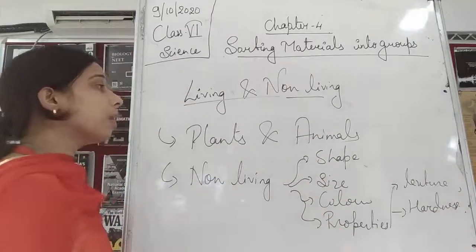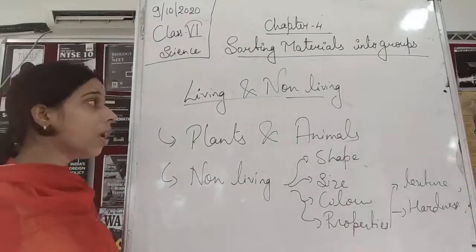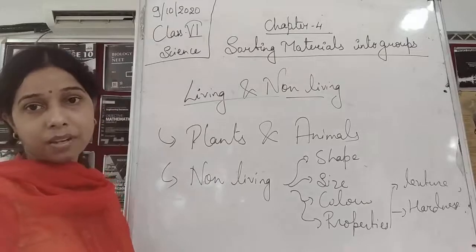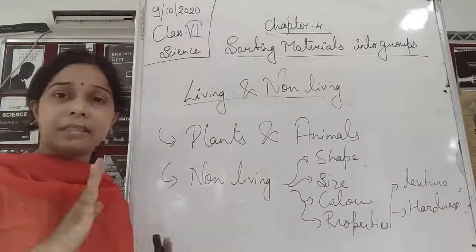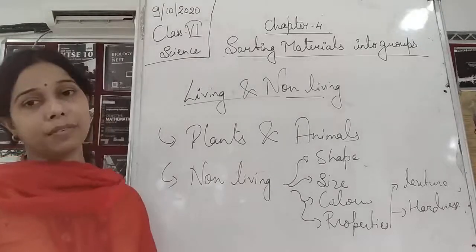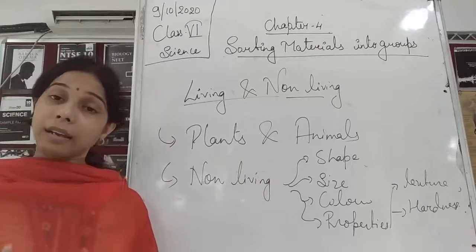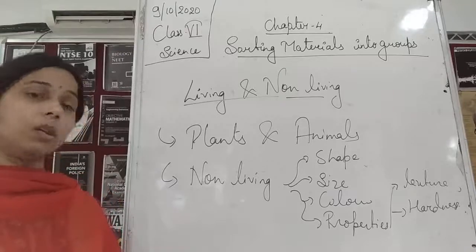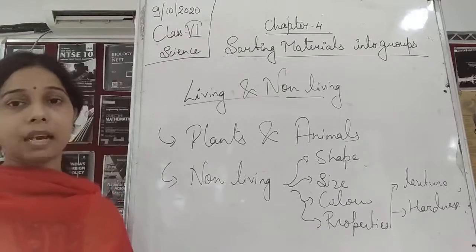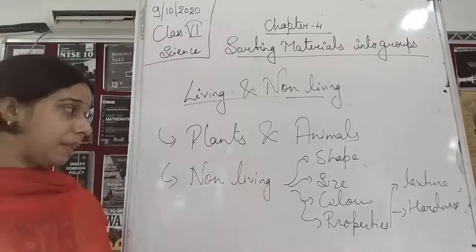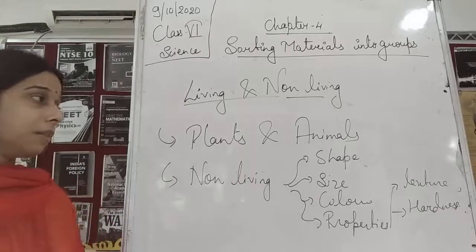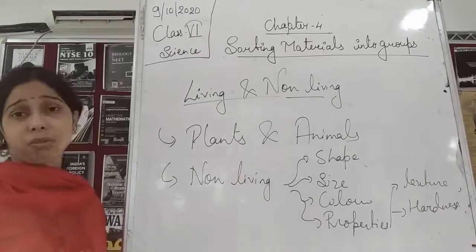So you see students, we classified the objects on the basis of whether they are living or non-living. The living is again divided into plants and animals. And finally the non-living has been classified on different bases like shape, size, color and properties.